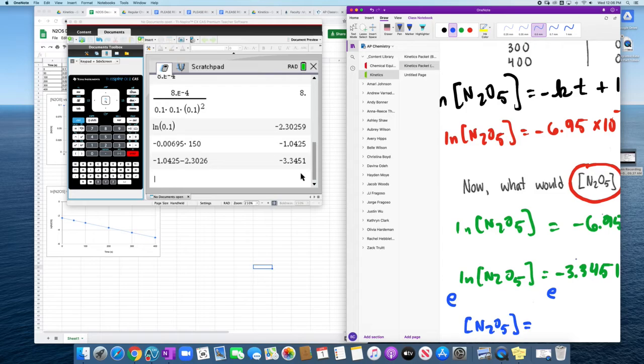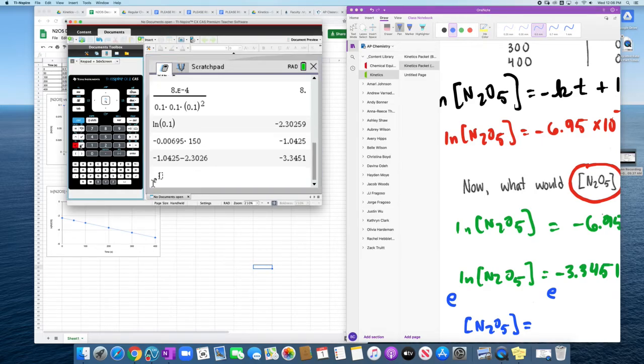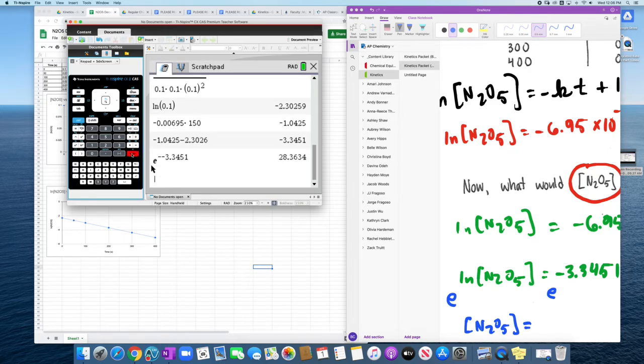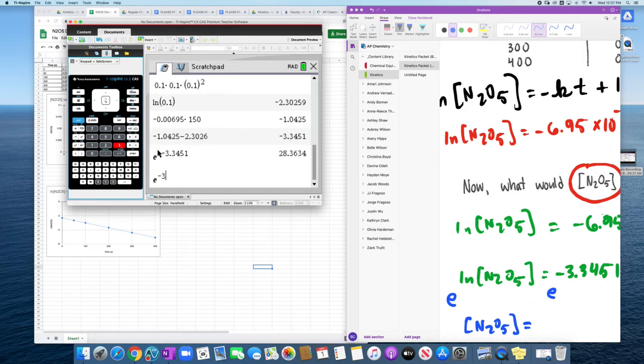So I just need to type that expression into the calculator. So e to the answer, e raised to the negative 3.3451.